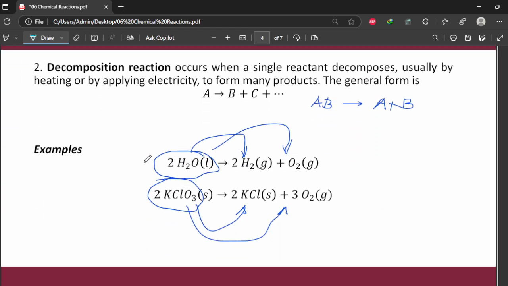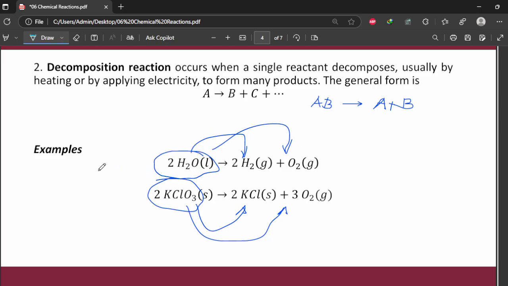And then for the decomposition reaction, you have a compound breaking down into other smaller components, no? So, water, nag-break down siya into hydrogen gas and oxygen gas. You have your potassium chloride, it breaks down into potassium chloride and oxygen gas. So, here, meron kang konti, dumami.